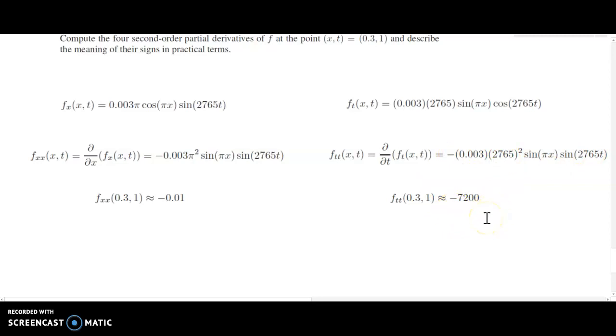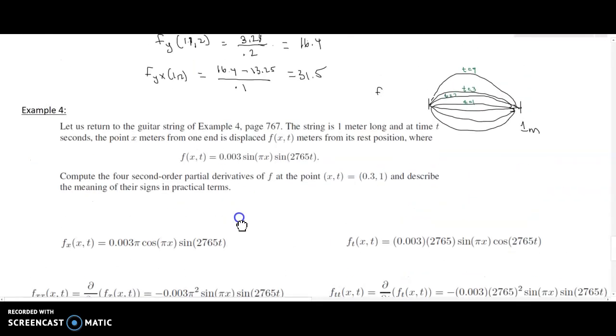So to begin thinking about these values, we should probably get some units first. We know that f is the height of the string. What do they tell us about the unit of measurement?